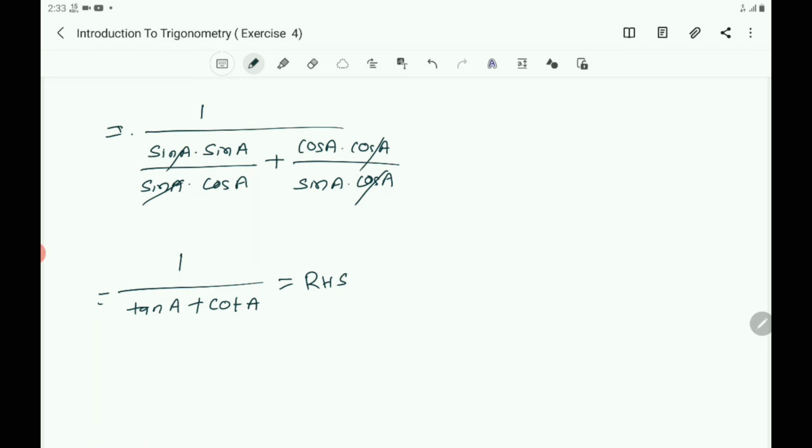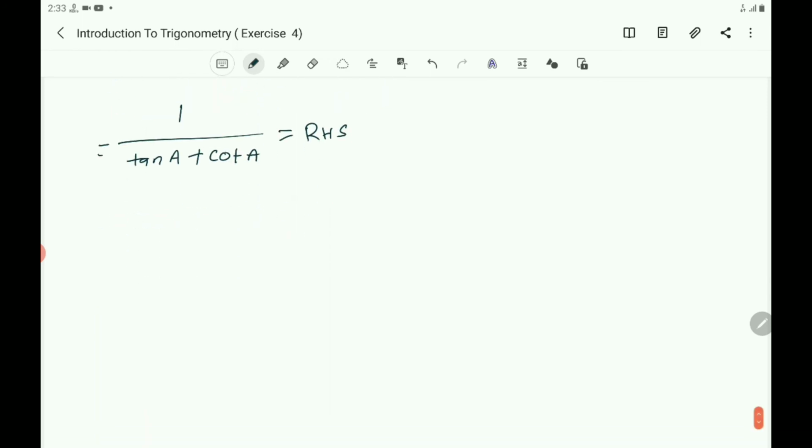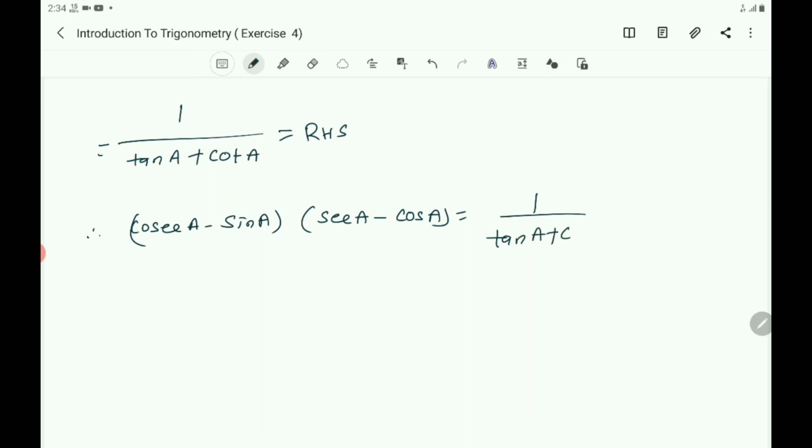That equals RHS. So you got that. Therefore cosec A minus sin A into secant A minus cosine A equals 1 by tan A plus cot A.